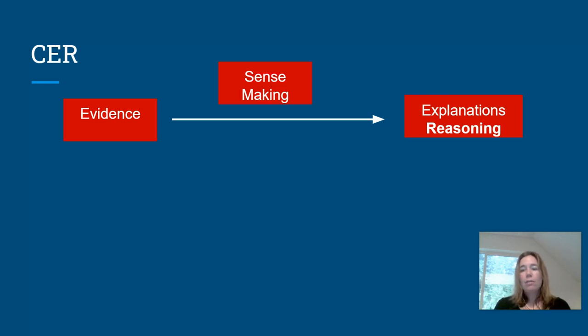You should be going through and using other scientific knowledge or understanding, so laws, theories, definitions, to tie that back to your question. So your reasoning is basically using all this information, the evidence, the sense making, previous scientific knowledge to answer that question in a meaningful way. You're developing an argument. You need to have as much support behind the argument, behind your claim as possible.